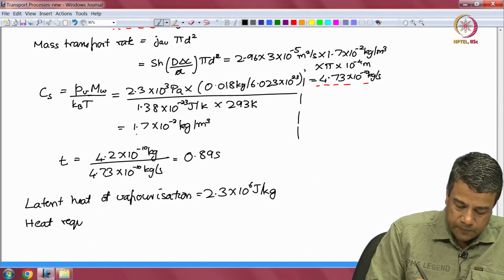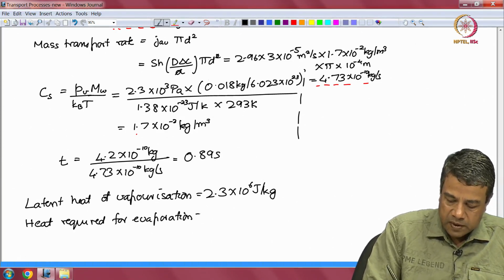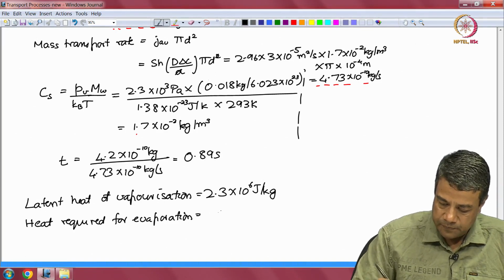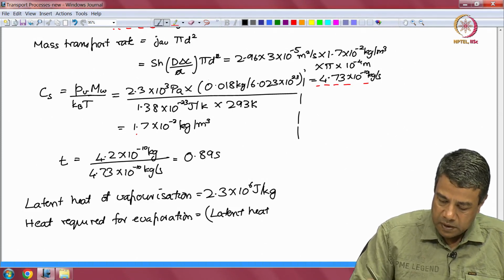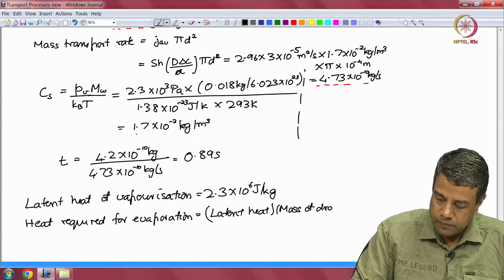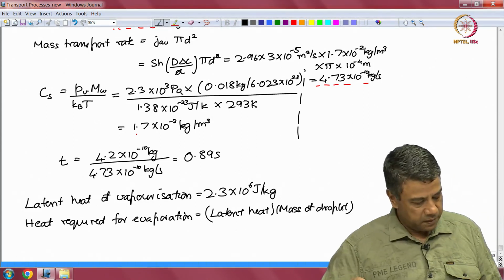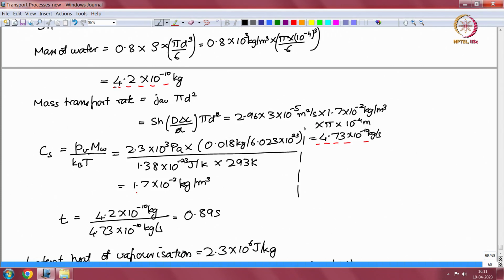Heat required for evaporation is equal to this latent heat into mass. And the mass of the droplet we have already calculated over here. Okay.